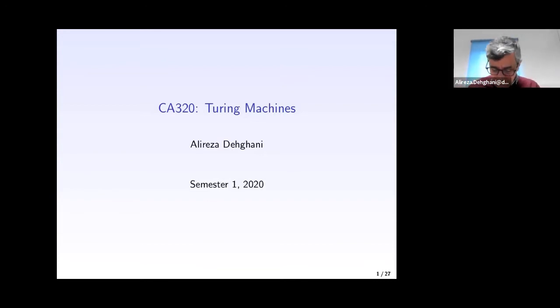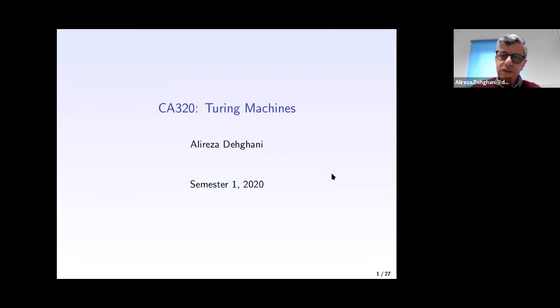Okay, so if you remember, in the Chomsky hierarchy, we had four different groups for the computations and machines. We started from type 3, the smallest part, which was the regular languages, machines, and grammars, and the machine related to that was finite automata.